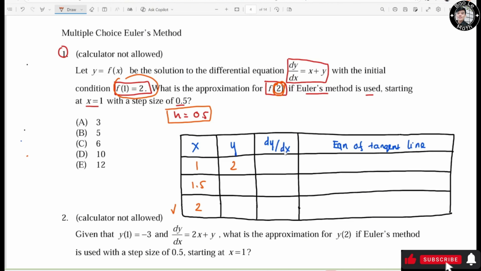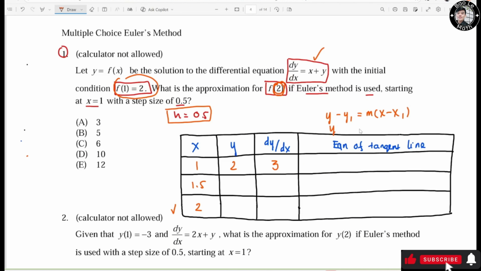Now, dy over dx equals this formula right here, x plus y, right? So you just add 1, 2, it's going to be 3, right? Now, you need to find the equation of the tangent line, right? So we know that y minus y1 equals m times (x minus x1), right?